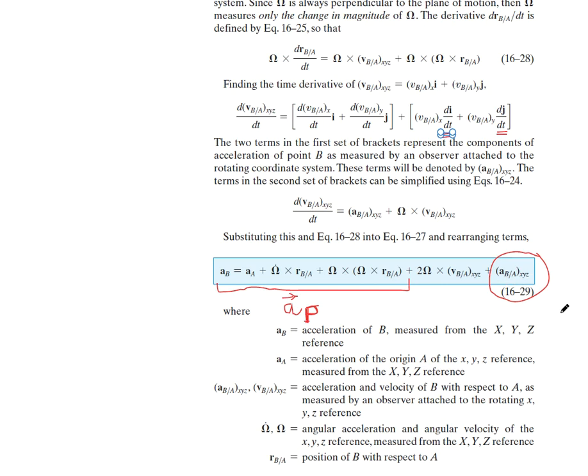Okay, so this is one, and then we have 2 omega crossed with the relative velocity of B with respect to A in the moving frame, and this one is called Coriolis acceleration.